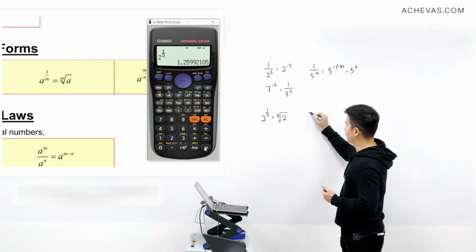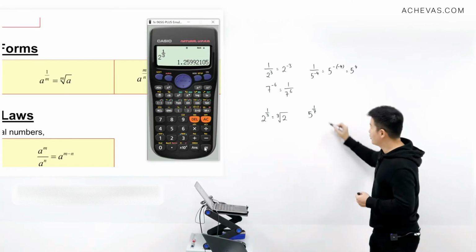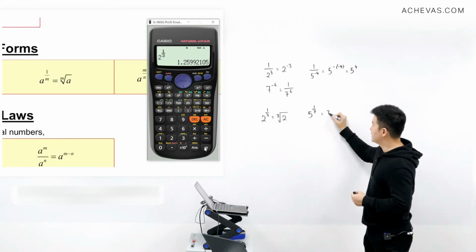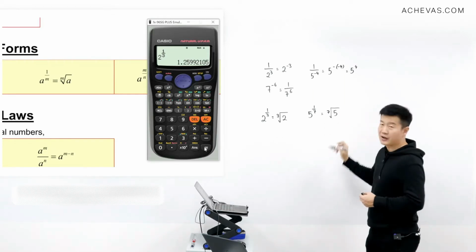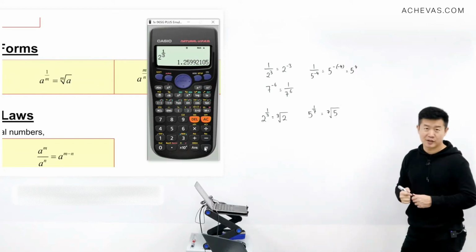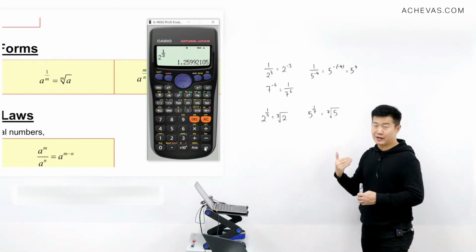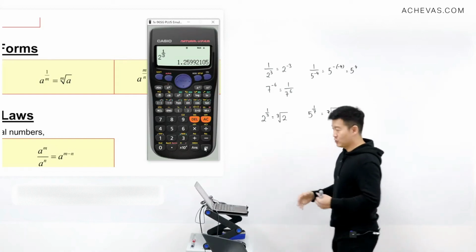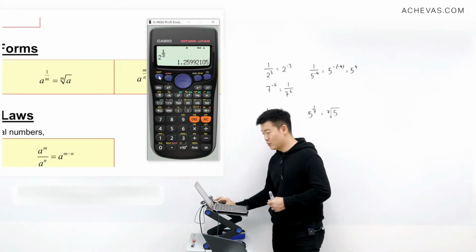Let's say I have 5 to the power of 1 over 7. This can also be written as the 7th root of 5. Of course, we can press this into the calculator, but now I know I have another option, which is this. Previously, maybe we would just be pressing this into the calculator.